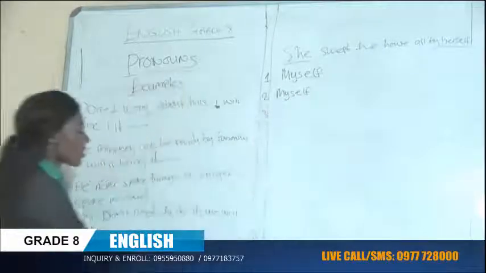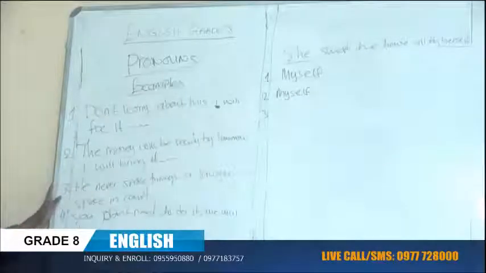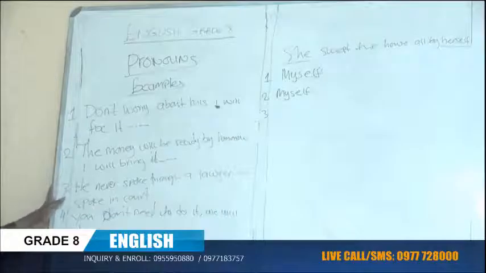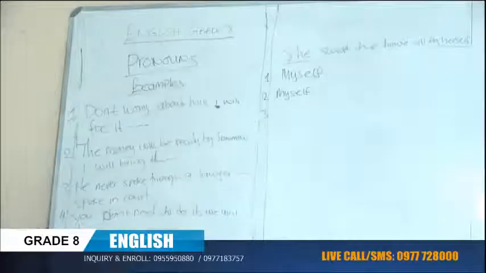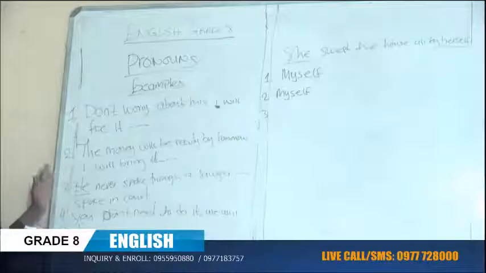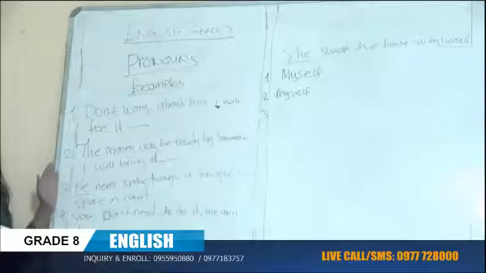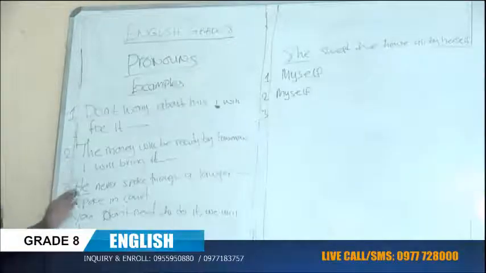Okay. Number 3: he never spoke through a lawyer, dash, spoke in court. So when we're adding a reflexive pronoun, we must take note of the subject. This subject is talking about a man. So therefore even the reflexive pronoun should talk about the man.